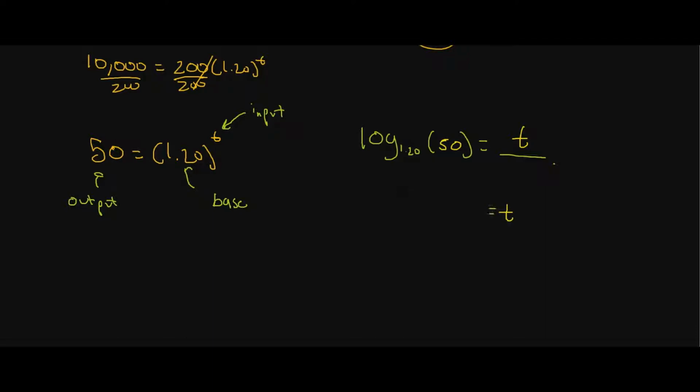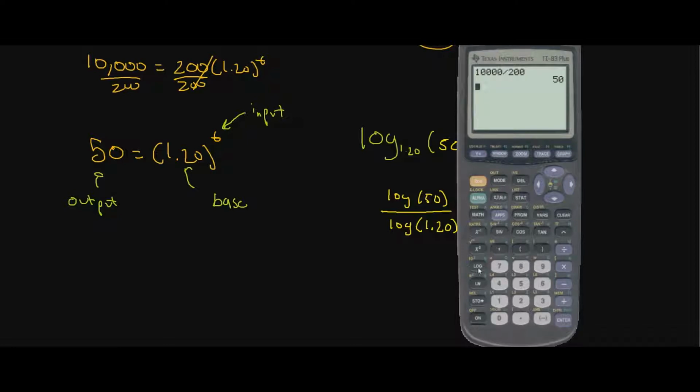So we got t is equal to log of 50 divided by log of 1.20. Again, this is just a little trick because our calculator doesn't have 1.2 as a base option, at least mine doesn't. So log of 50 divided by log of 1.20, and we get 21.